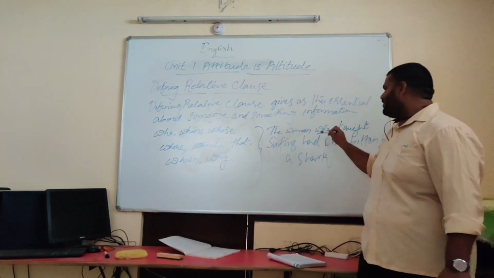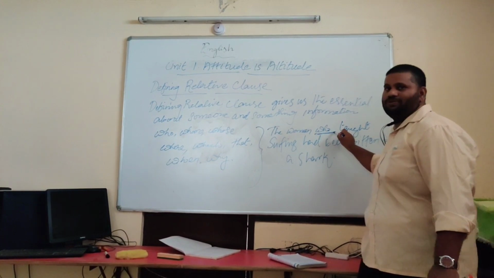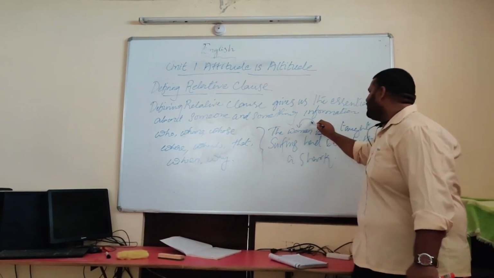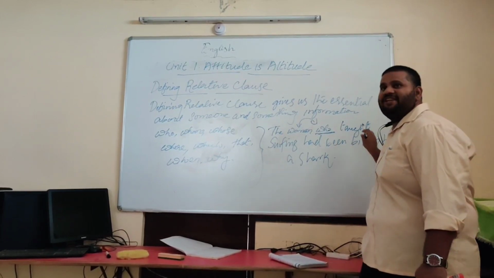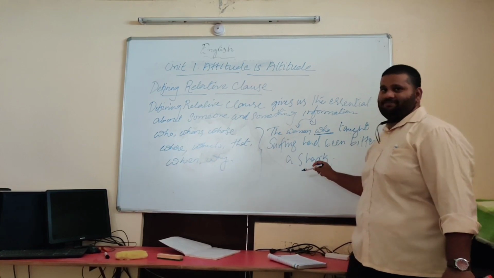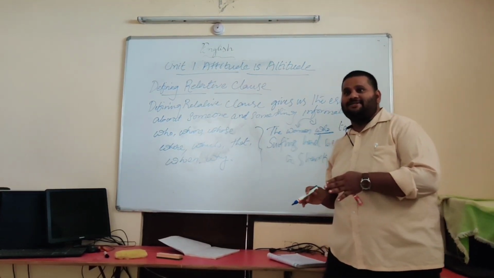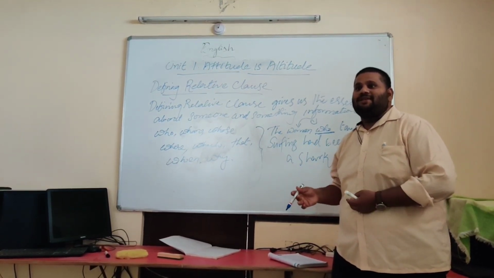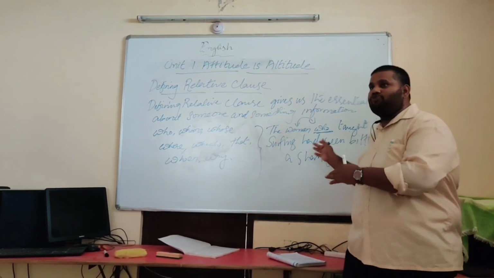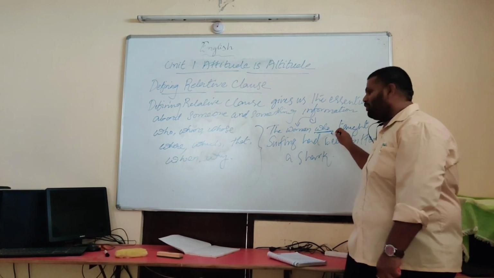So here, what is the relative pronoun? Here, the relative pronoun is who. This who is helping the woman to be addressed with that essential information. The woman who taught surfing, that means we know from the lessons that the woman who had taught surfing to Nick Vujicic. Yes or no? So that woman is called here by the pronoun.